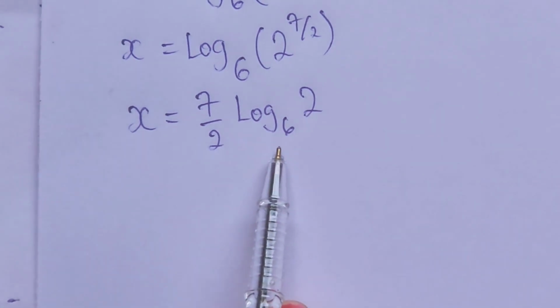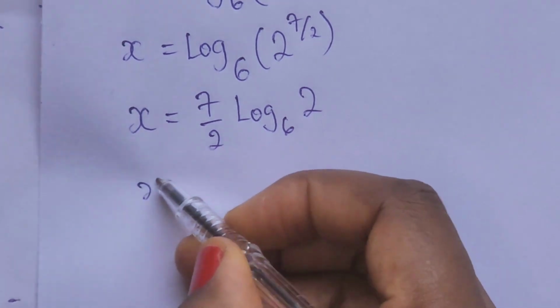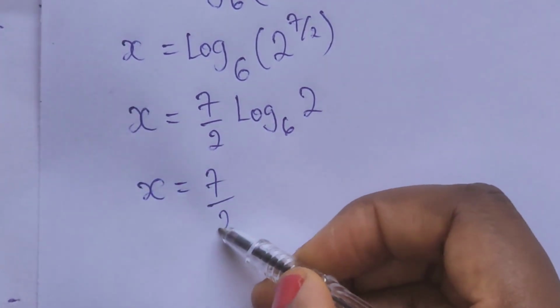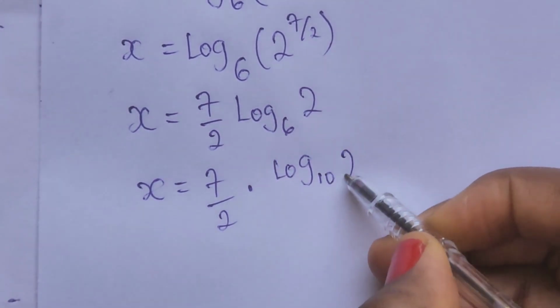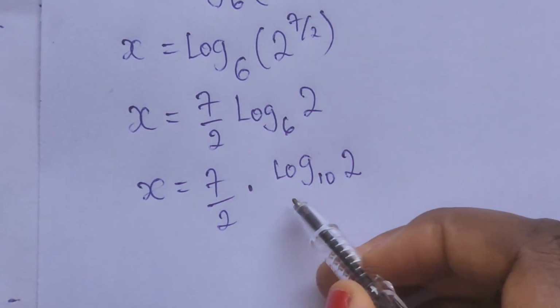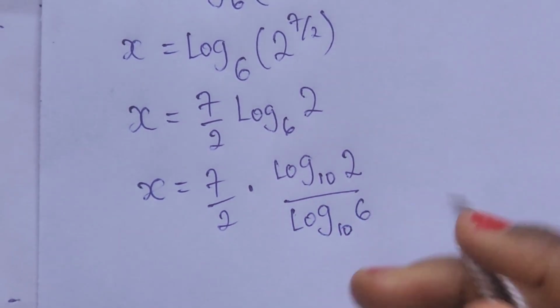Now let's resolve this expression using the change of base formula, where we have x to be equal to 7 over 2 times log to base 10 of 2 all over log to base 10 of 6.